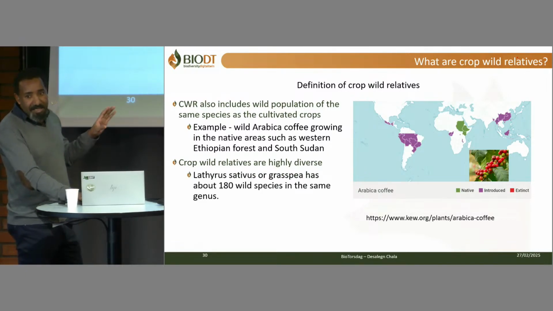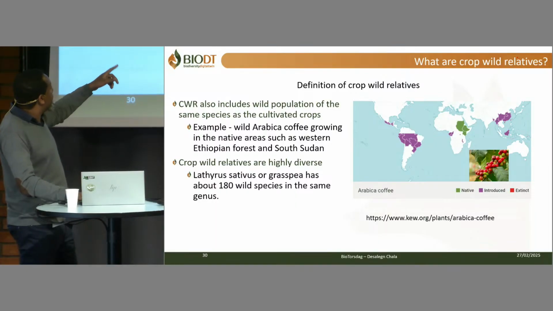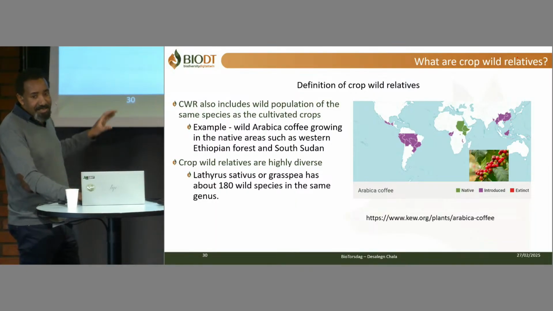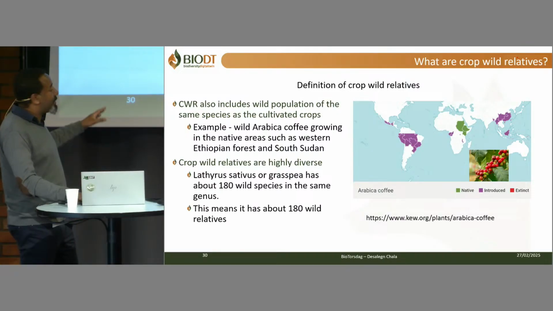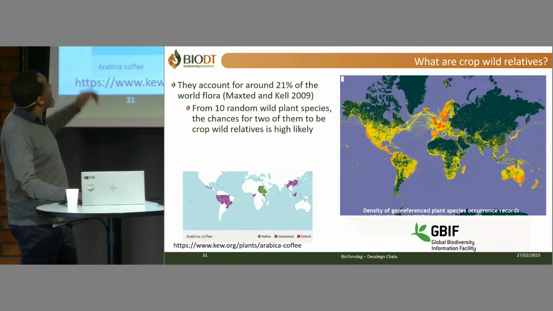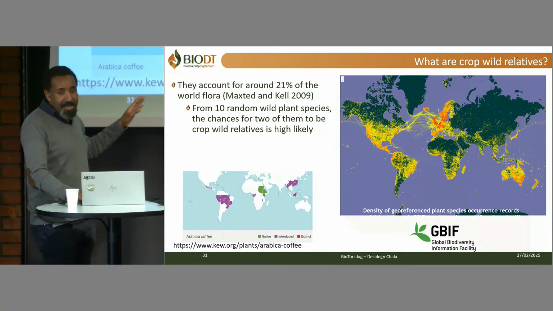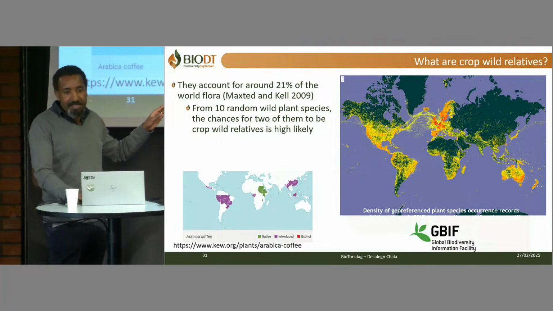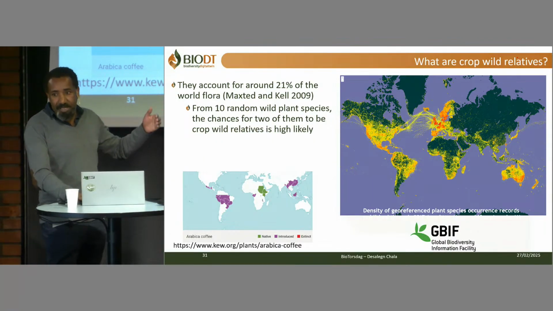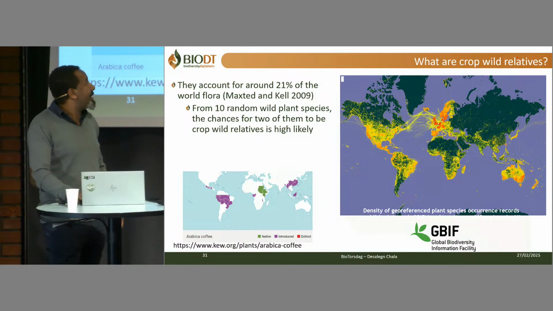For example, if you consider the crop Lathyrus, or grass pea, it has about 180 species in the same genus, which means that it has about 180 wild species. Normally they account for around 21% of the world flora, which means that if you randomly come across 10 wild species, the chance for 2 of them to be wild relatives is highly likely.